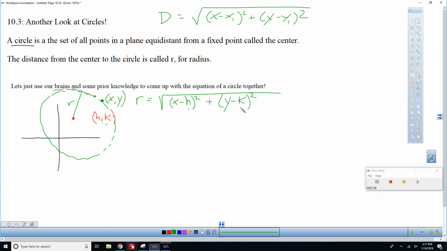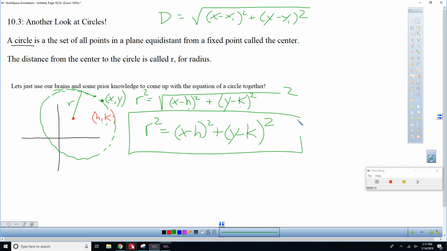So that would work. Let's square both sides. So r squared is x minus h squared plus y minus k squared. And that is the equation of a circle. x minus h squared plus y minus k squared equals r squared.